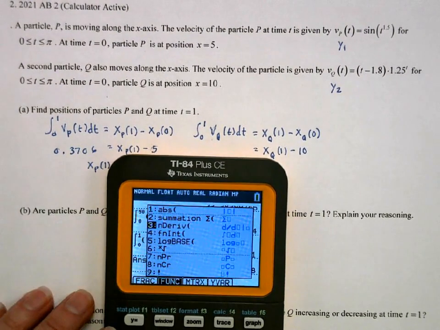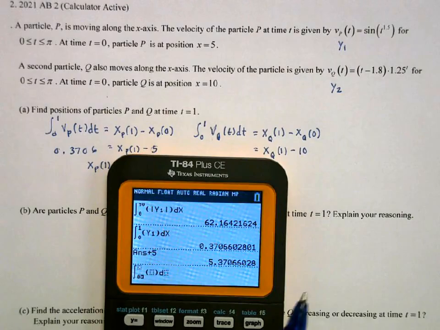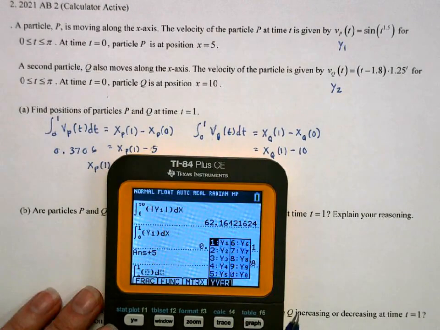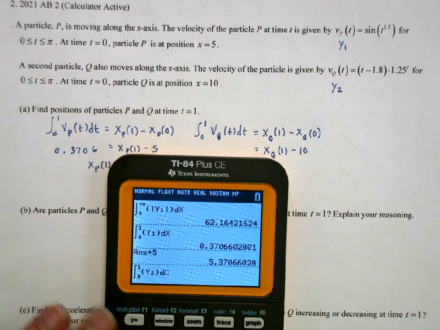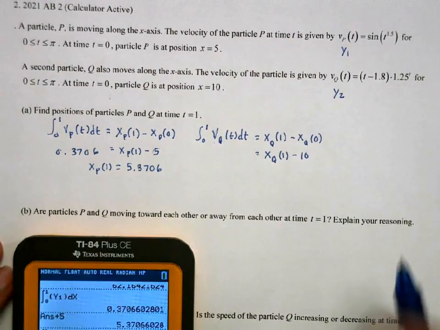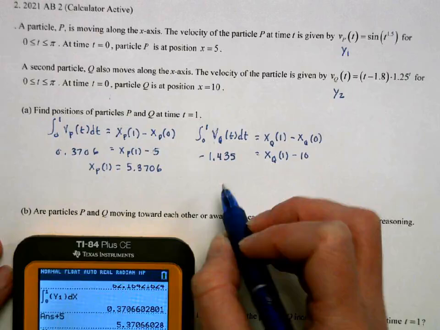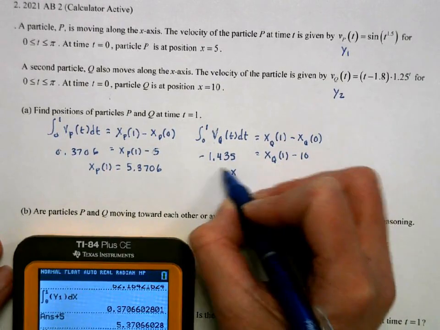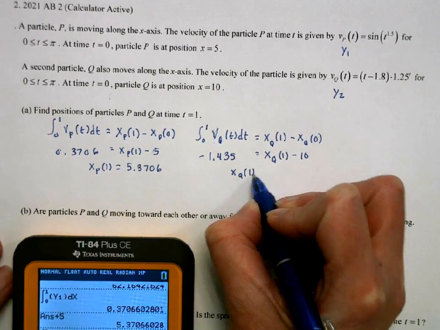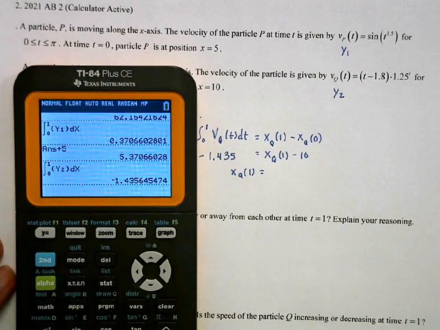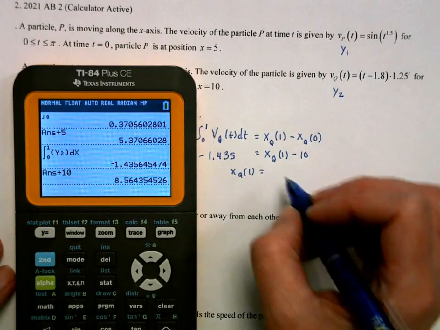So integral from 0 to 1 of y2 this time gets me that value. And then again, I'm just going to add that over. So my xq1 is going to be this plus 10.